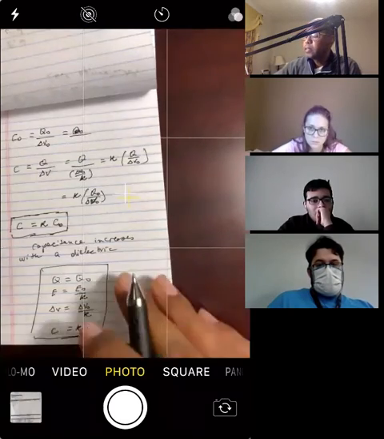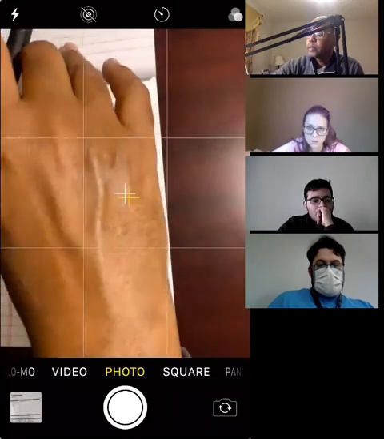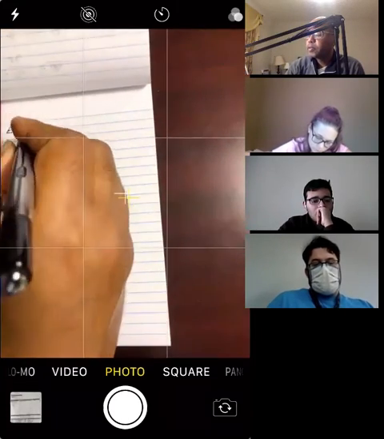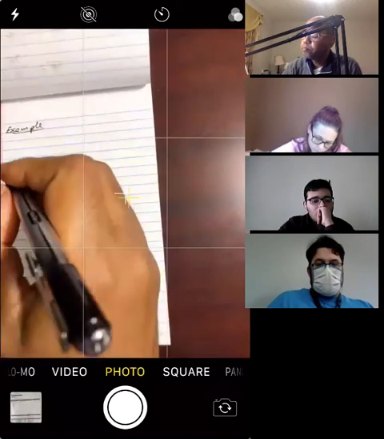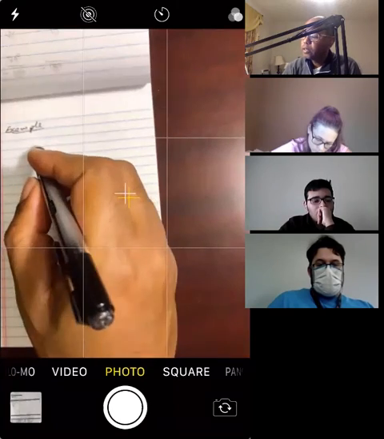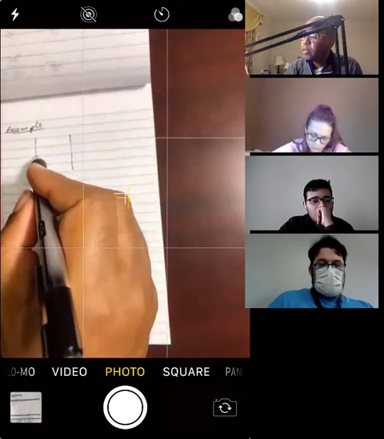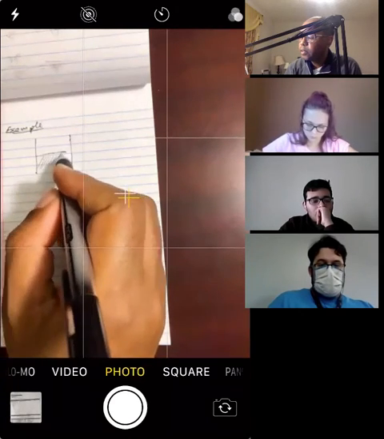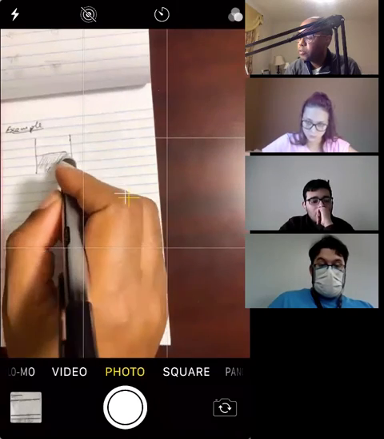Okay, so maybe let's look at an example. Let's look at some very popular examples. Suppose I have the following situation. I have this capacitor, and half of it is air and half of it is a dielectric with, let's say, dielectric constant kappa.